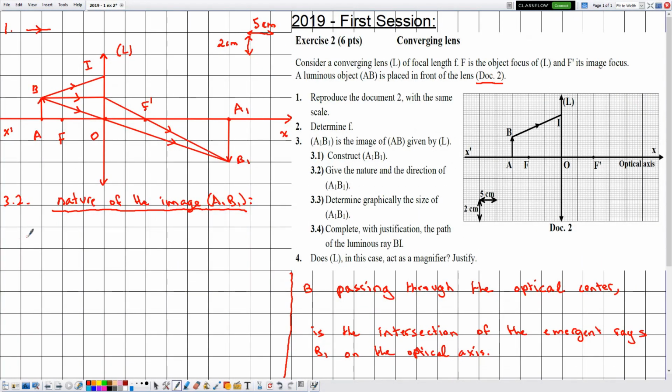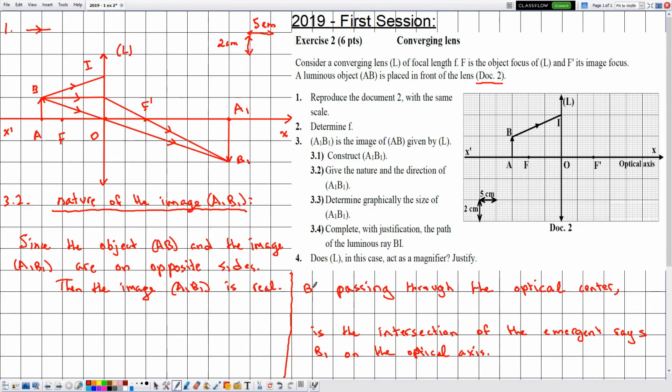So let's say that since the object AB and the image A1 B1 are on opposite sides, then the image A1 B1 is real.